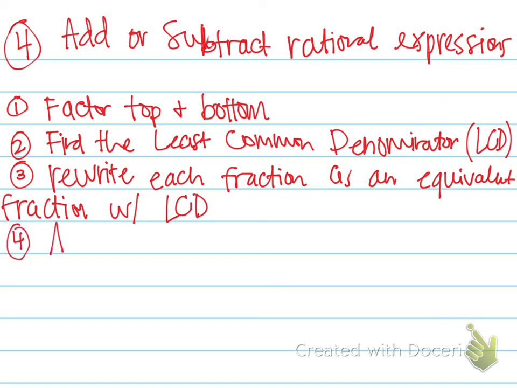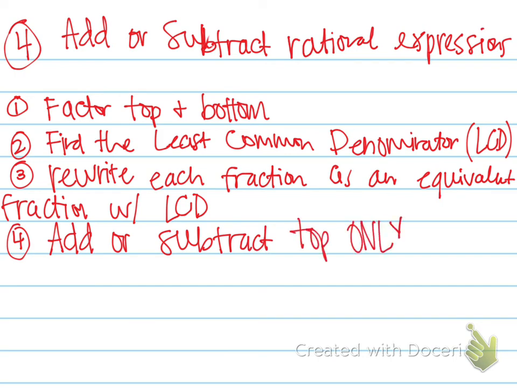The fourth step is to add or subtract the top only. When you are dealing with fractions, you do not do the bottom. You only do the top if you have the common denominator. So you add or subtract depending on the sign you have.